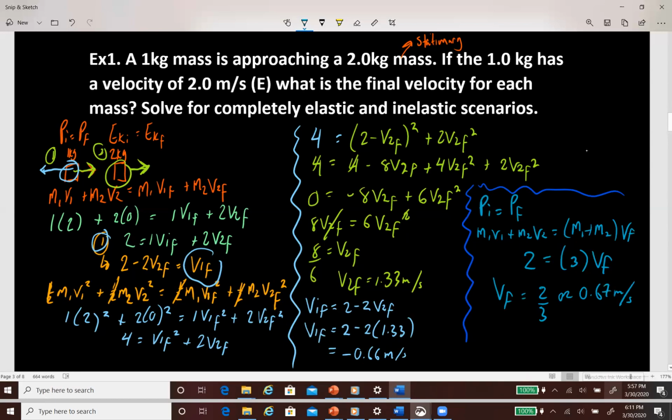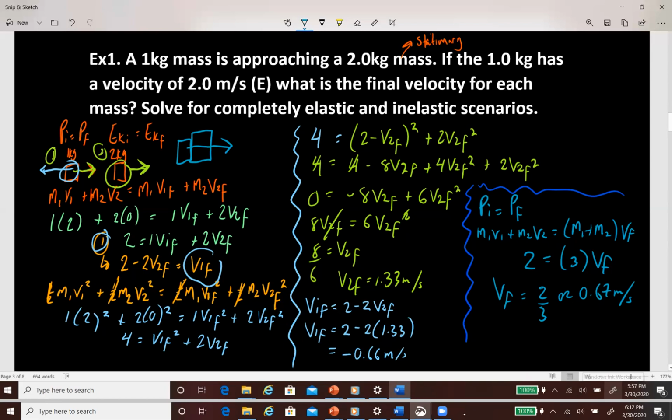So if object 1 hits object 2 in a completely inelastic scenario, and they get stuck together, then they would both travel in the direction of motion of object 1, which is east, but obviously at a slower speed as they're more massive. Okay, that is question 1.